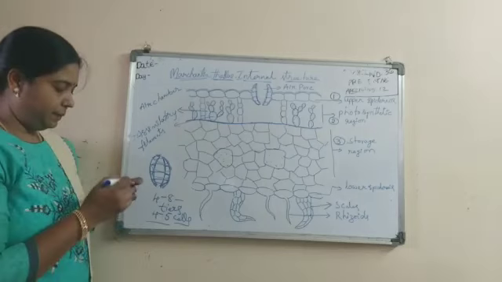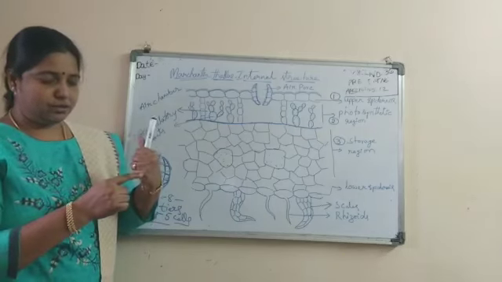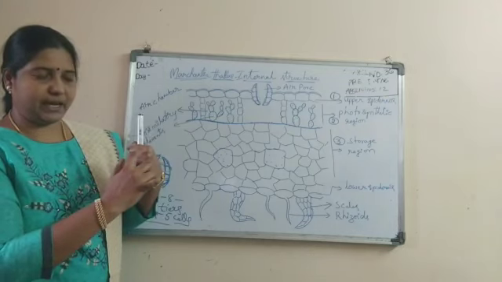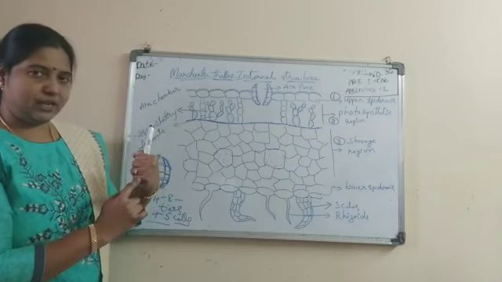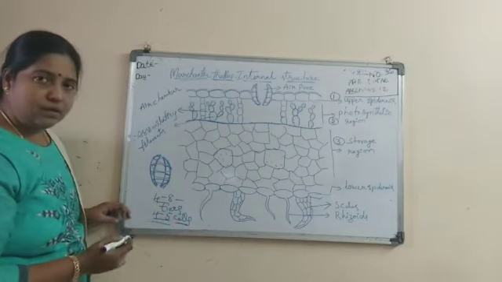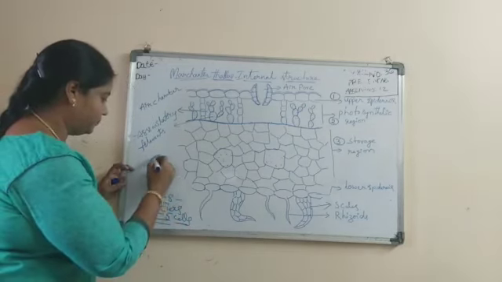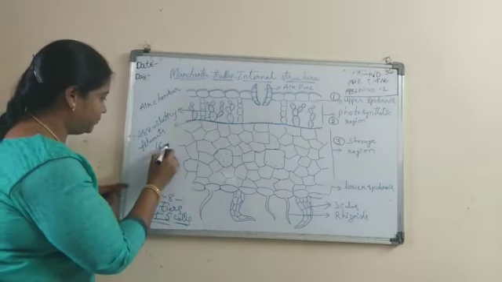So it will be like this. It shows a ring-like structure. This ring-like structure consists of 4 to 8 tiers of cells, and each tier consists of 4 to 5 cells. Like that, it forms a collar-shaped structure with 16 to 40 cells.